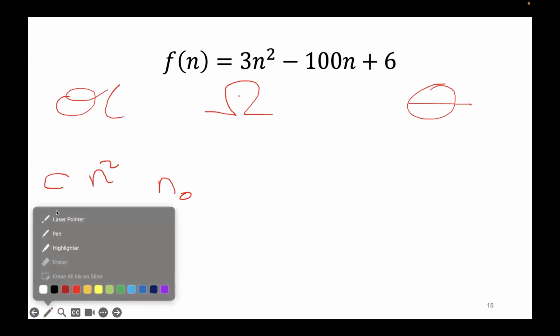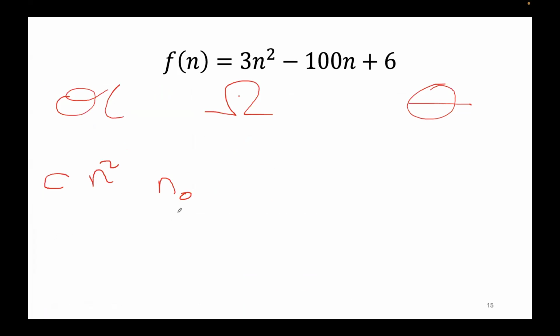Okay, so if we said that n squared is our main function, g of n, and c could be what? 4 or 3. And then the question is, what is the value when this thing starts changing?